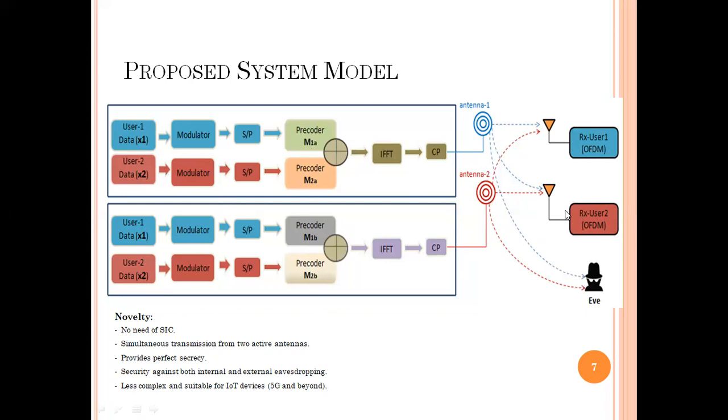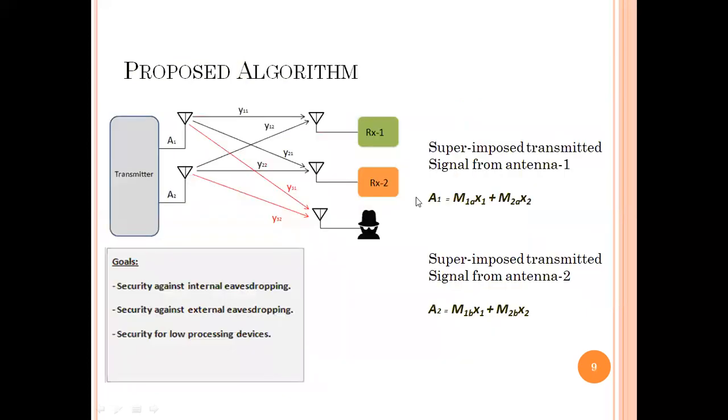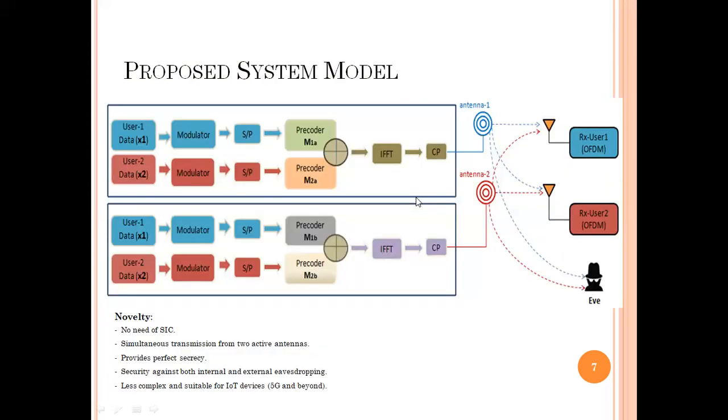So this model eliminates the use of successive interference cancellation. It introduces antenna diversity, and it reduces the complexity of the processing of the data.